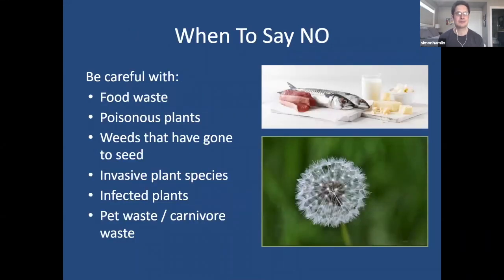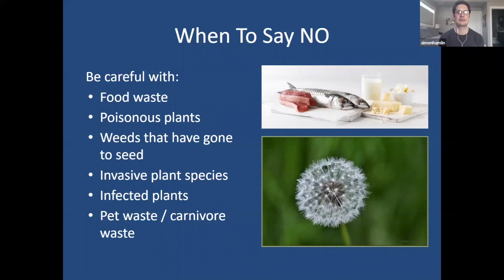So when to say no. There are certain things that we don't want to be putting into our compost bin. In an earlier slide, you saw you could put in animal waste, but it's just certain types of animals. So cows and sheep, and I remember one person mentioned that they have chickens. All of that type of animal waste is great, but dogs, cats, human waste, we don't want to include that in there.